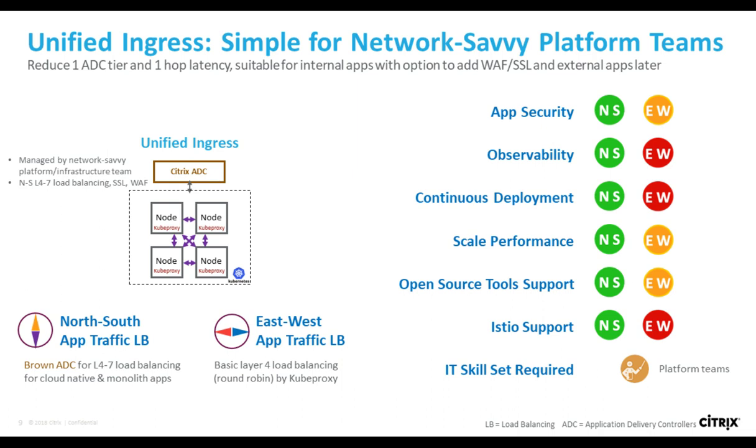It is a good architecture to consider if your platform teams are really, really network savvy and still want a very simple solution to deploy, great features for north-south traffic, but very limited functionality for east-west traffic.